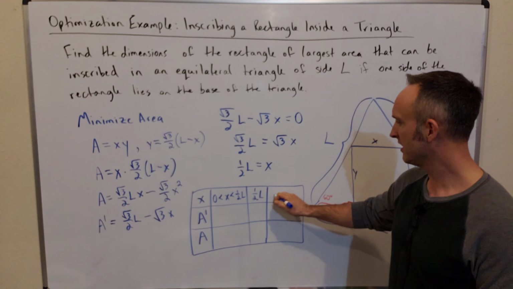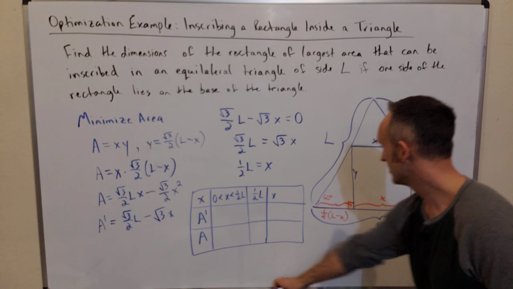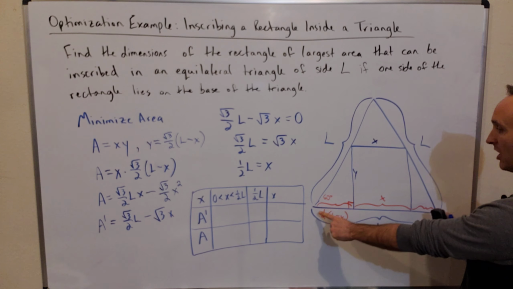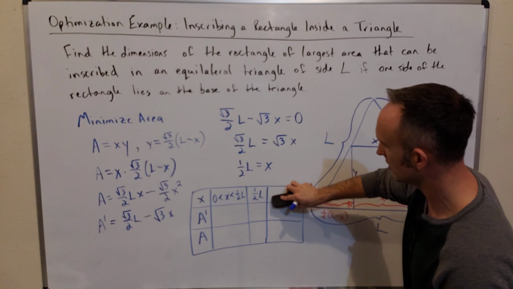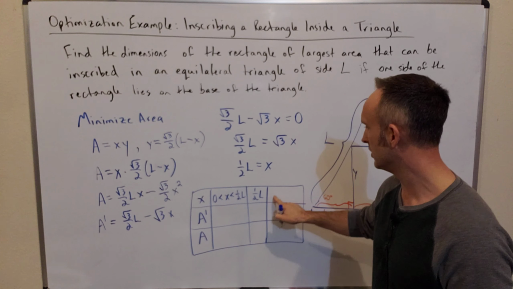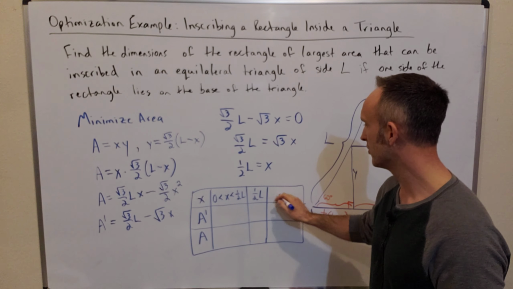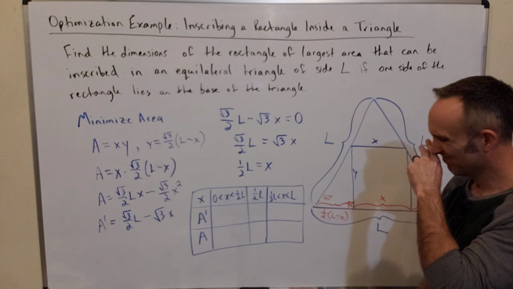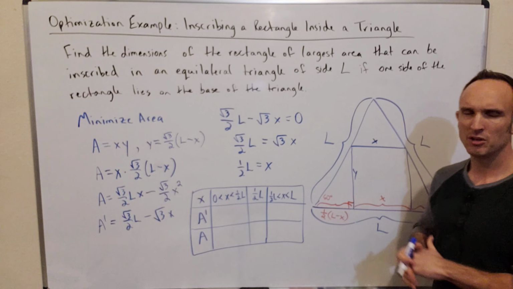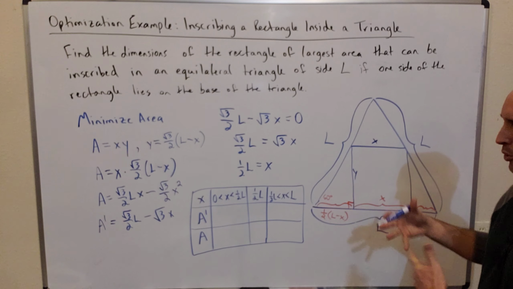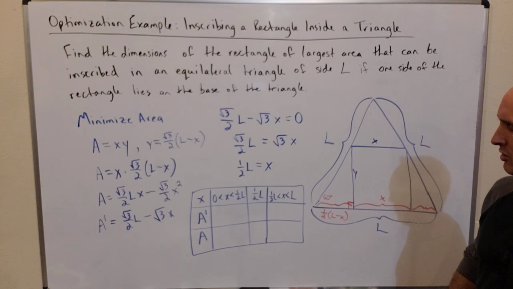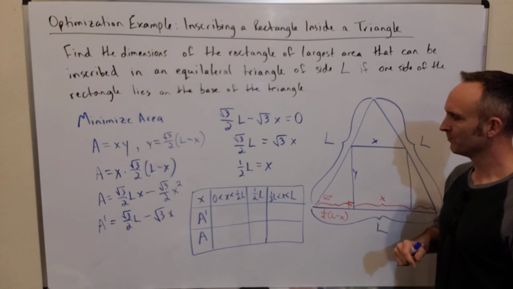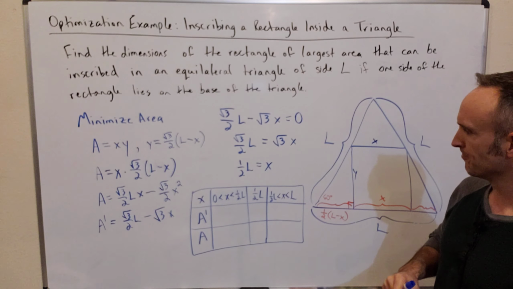And on this side, the biggest that x could get is L. It can't quite get there either. So on this side, I will say x is bigger than 1/2 L, but it has to be less than L. You may not catch that, but it's good for me to point out in these videos so that you're exposed to the right way of thinking as often as possible.